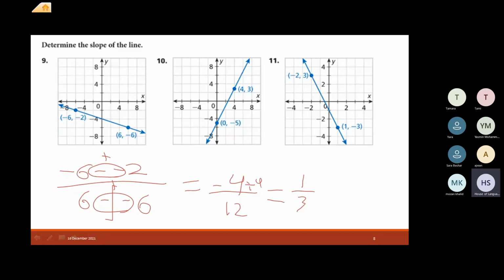Divide by 4. Divide by 4. Got it now? Do you have any question? Yes, Nada. Okay. After Nada, 3. Now number 9. Is it clear? I'm sorry. Here it will be negative 1 over 3. Here is the negative sign.